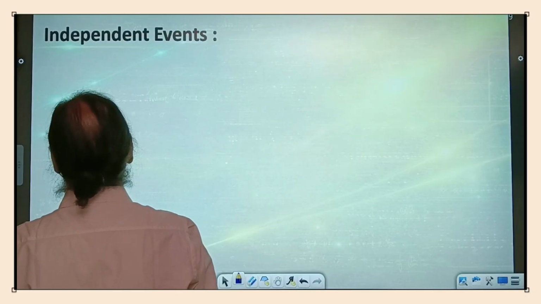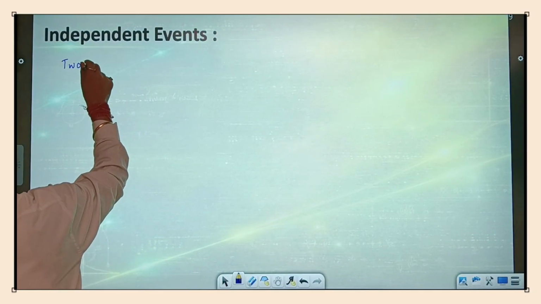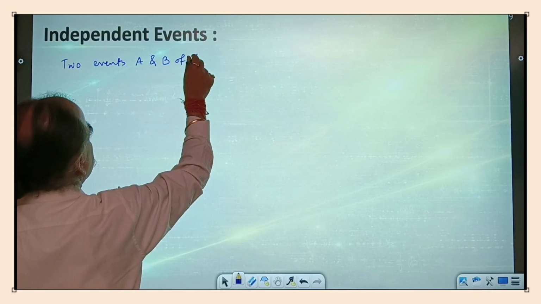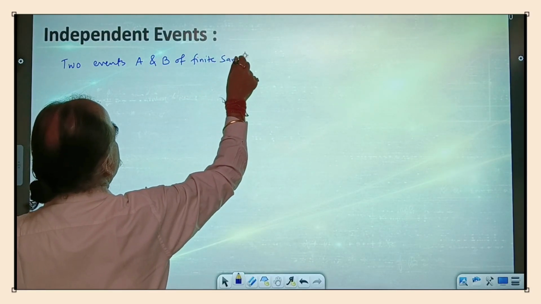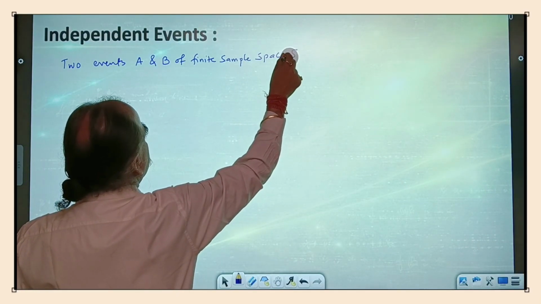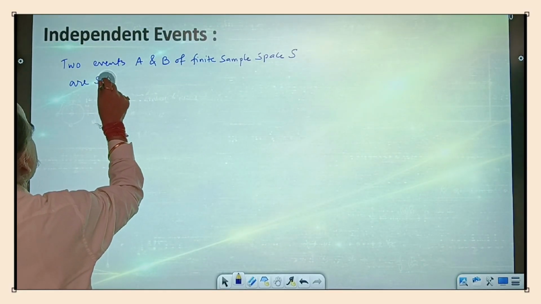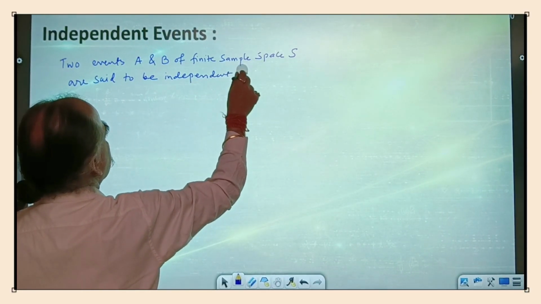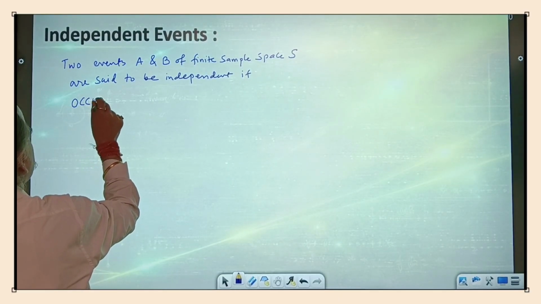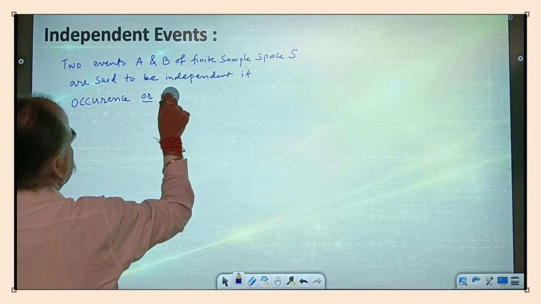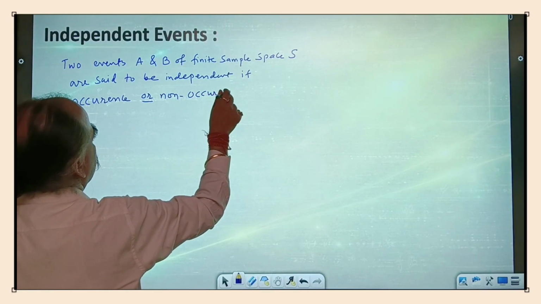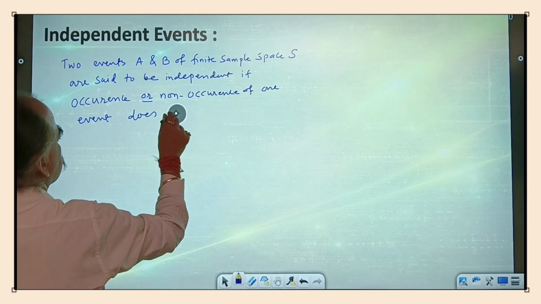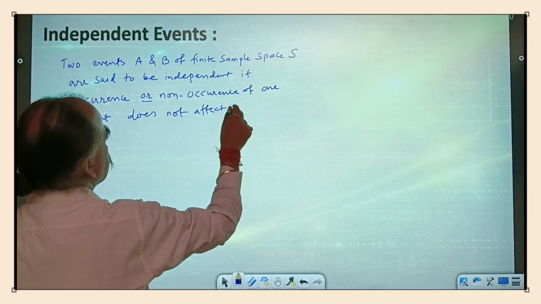Next heading is what? Independent events. Two events A and B of finite sample space S are said to be independent if occurrence or non-occurrence of one event does not affect probability of other event.